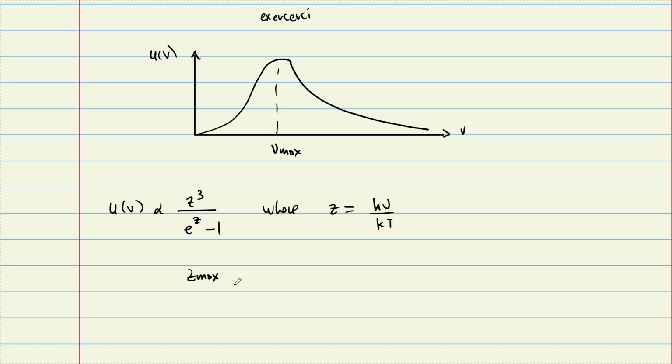So to find z max, I'm just going to do du/dz, which is equal to 3 z squared divided by e to the z minus 1, minus z cube divided by e to the z minus 1 squared times e to the z, and I set it to 0.